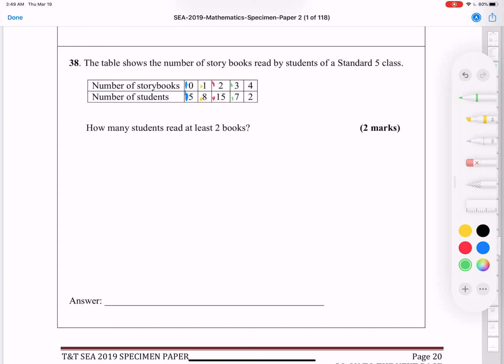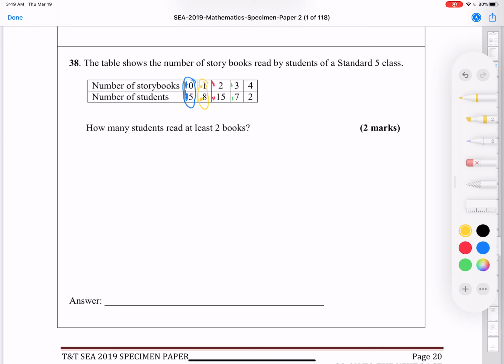What does the question ask you? At least 2 books. Did this category read 2 books? No. Let me change that color. Did this category read 2 books? No, they read 0. Did this category read 2 books?